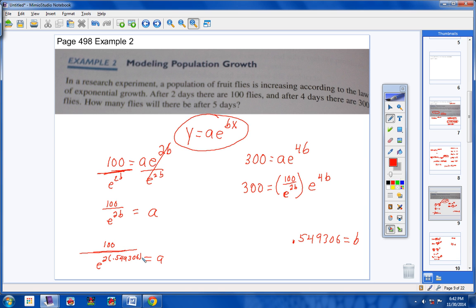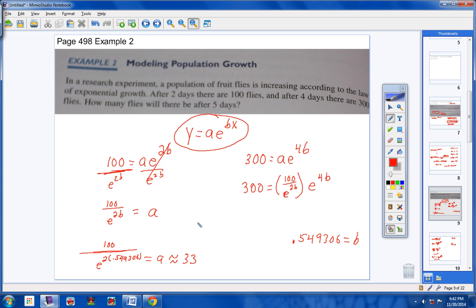With my calculator, I'm going to type in all of this here, and I should get approximately 33. Now, if you're struggling, you want to hit e to the 2 times this power and get a number, and then take that number and type in 100 divided by that number, and you should get approximately 33.